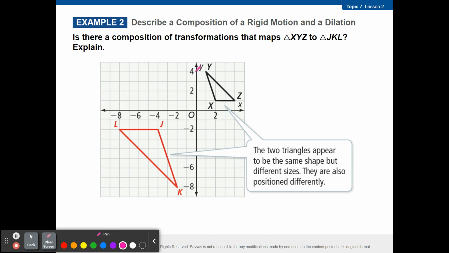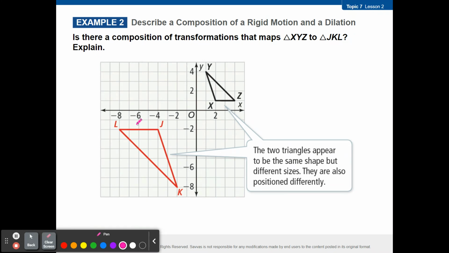Question is, how far are we going? Well, with the rotation, if I look at YZ, that's going to have to probably line up with LK, right? And X is going to have to line up with J. So how many degrees are we going to do there, you think? Good. 180. So I'll do a 180 about the origin, and then I'll do a dilation. But we need that scale factor.